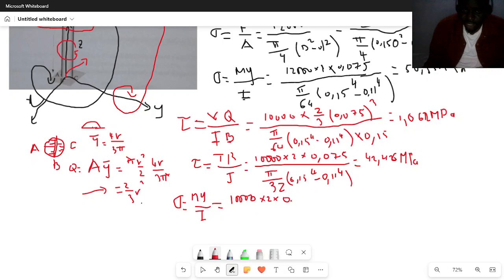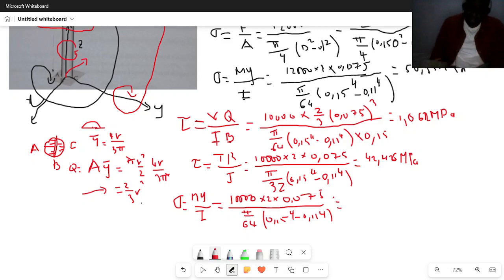So basically it is 0.075. Now what is our I? Our I is pi over 64, big diameter 0.15 to the fourth, minus 0.11 to the fourth. What's the answer?